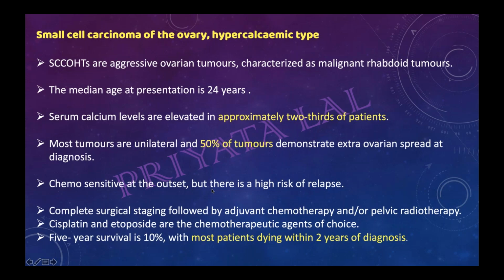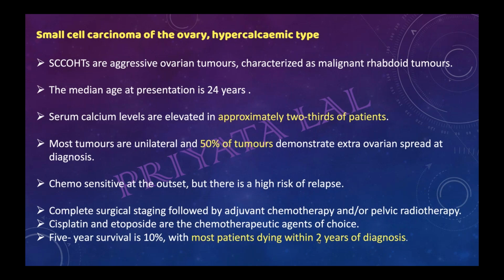Chemosensitive but high risk of relapse. So cisplatin and etoposide are the chemotherapy of choice, both are used, but most of the patients die within 2 years of diagnosis. So few things, because it is a small paragraph in the talk, but you can get questions.